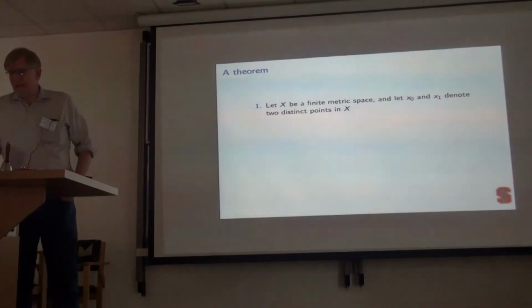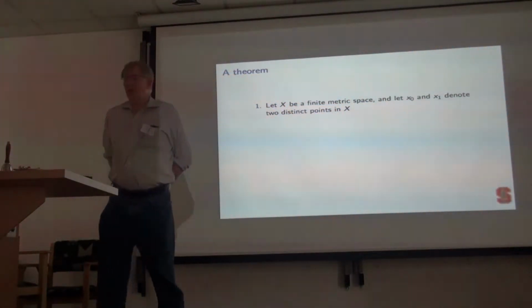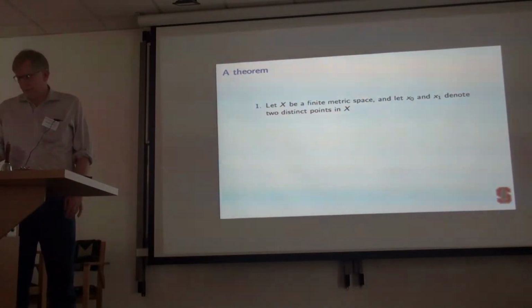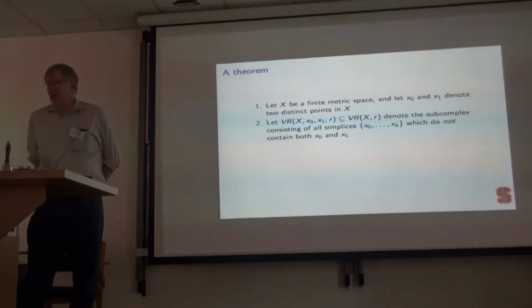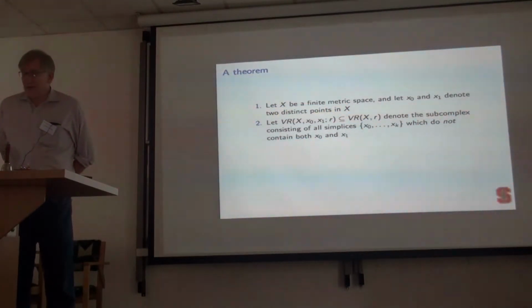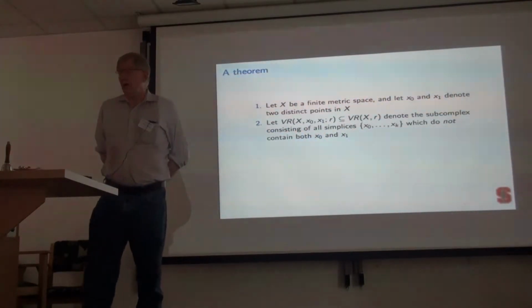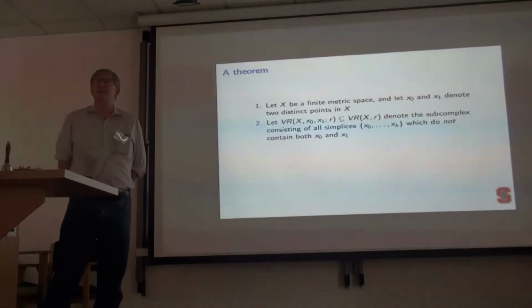So let's now assume that I have a finite metric space X, and I have two points, x0 and x1, inside X. Let me define Vr of X, x0, x1, and R to denote the subcomplex consisting of all the simplices which don't contain both x0 and x1.